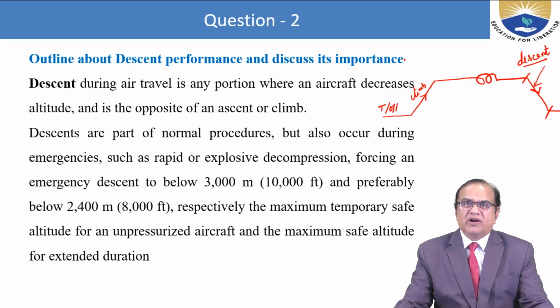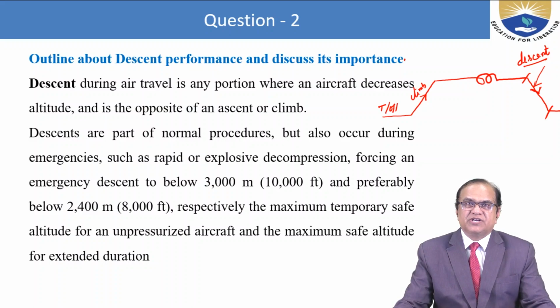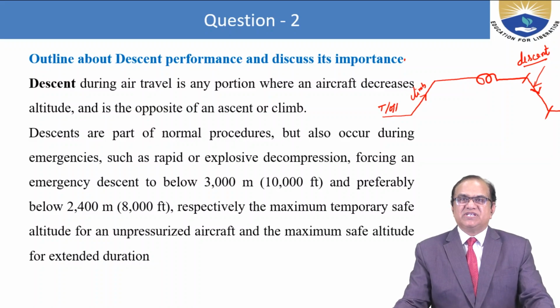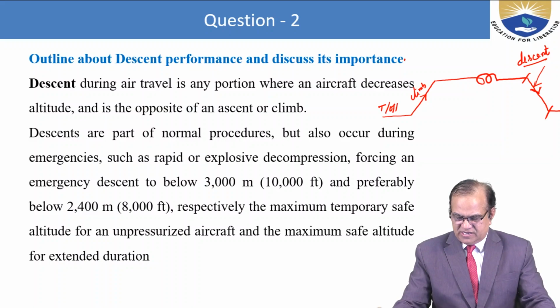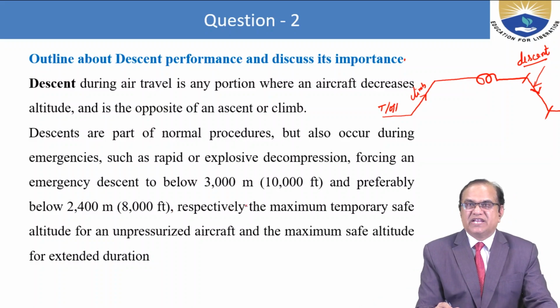Descents are part of normal procedure, but also occur during emergencies such as rapid or explosive decompression, forcing an emergency descent to below 3000 meter or 10,000 feet, and preferably below 2400 meter or 8000 feet, respectively.